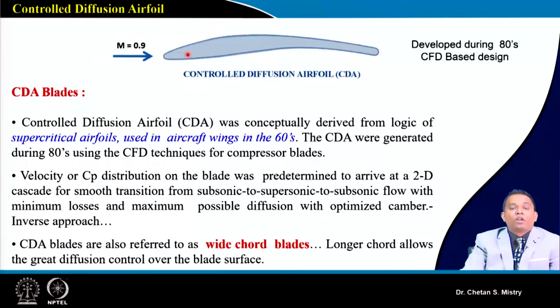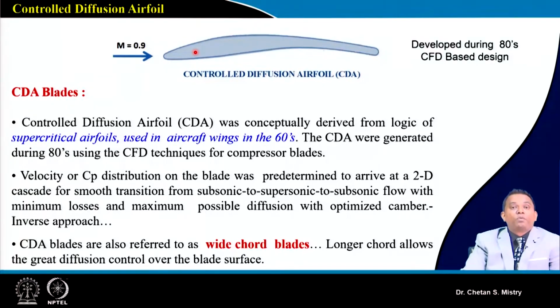Now these aerofoils were developed based on the fundamental understanding of supercritical aerofoils, those supercritical aerofoils which were used for development of aeroplane wings during the 60s. Now using the CFD technique, this aerofoil has been developed.